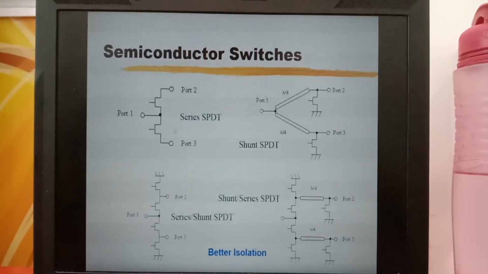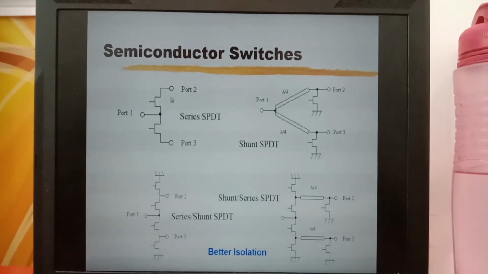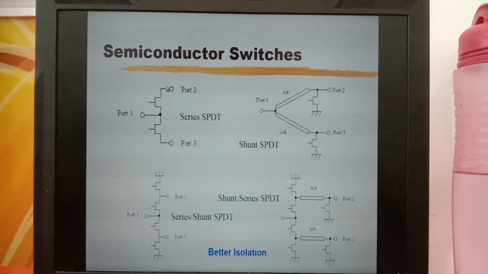In a series configuration, the signal at port 1 is connected to port 2 when this transistor is turned on and the second transistor is turned off. Similarly, if we wish to switch the input signal to port 3, we can turn off the second transistor and turn on the first transistor.